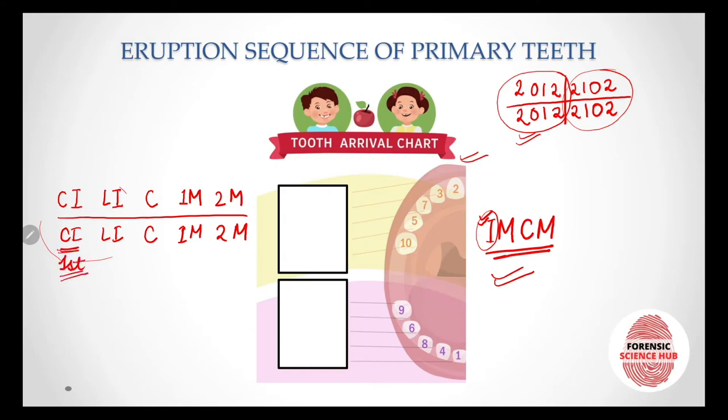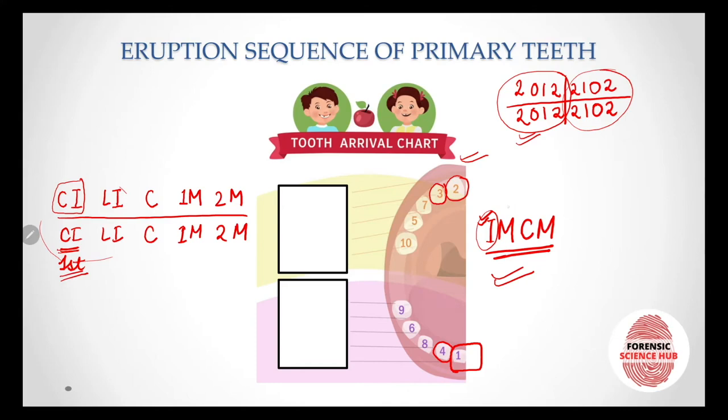As you can see over here also, 1 is written over here. Then erupts the central incisor in the maxillary jaw, as you can see here. Then the lateral incisors in the maxillary jaw erupt, and then the lateral incisor in the mandibular jaw erupts.